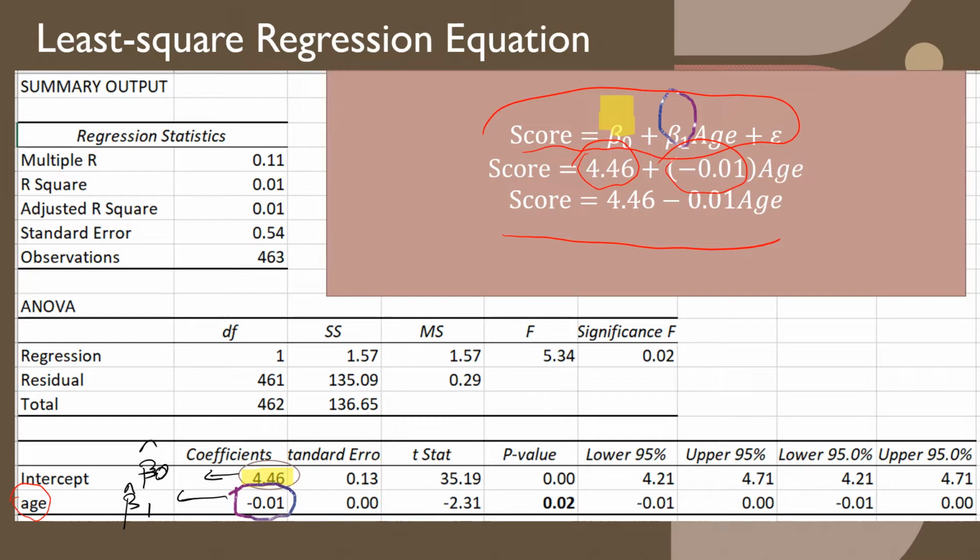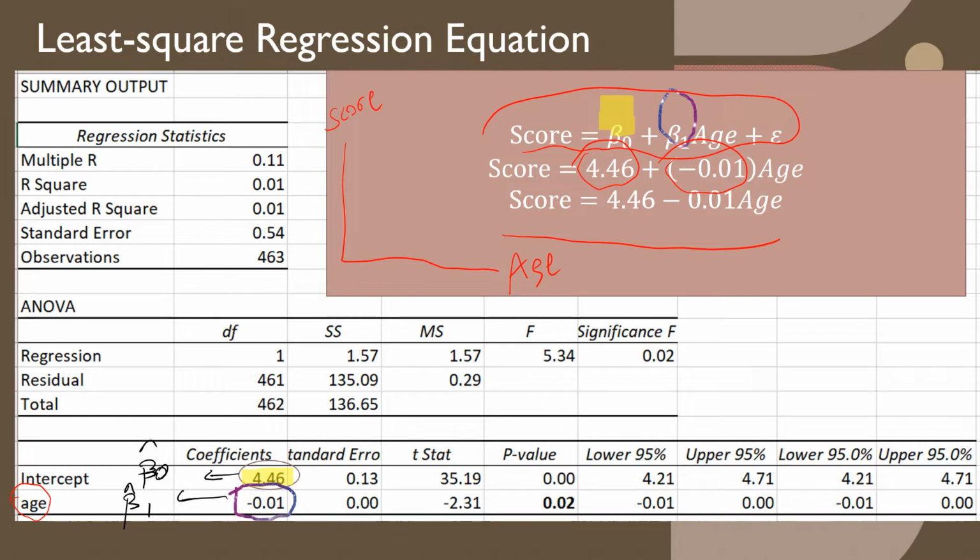Here, intercept is 4.46 and slope parameter is minus 0.01. What we say is that if we put it in a two-dimensional graph to explain average faculty score with age, as you can see, slope is negative.